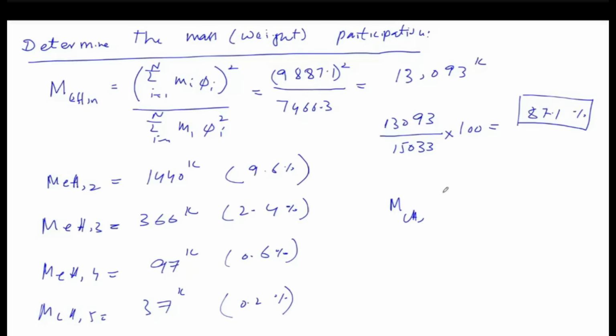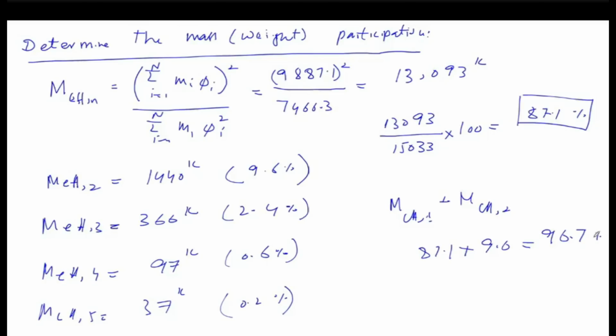okay, so if we take the first mode mass plus the second mode, we get 87.1 plus 9.6. The total mass becomes 96.7.